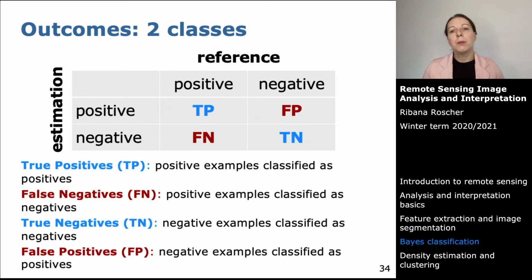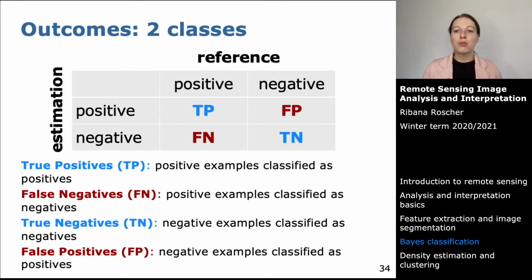So when we talk about only two classes, you mostly talk, when you do the evaluation, about true positives, false negatives, true negatives, and false positives. And when you have a closer look at the term, you will realize what it means.